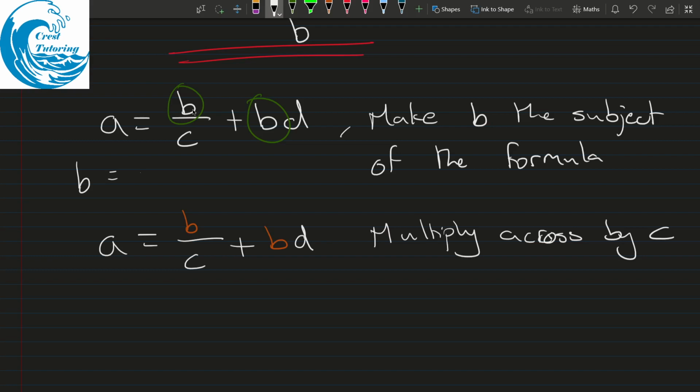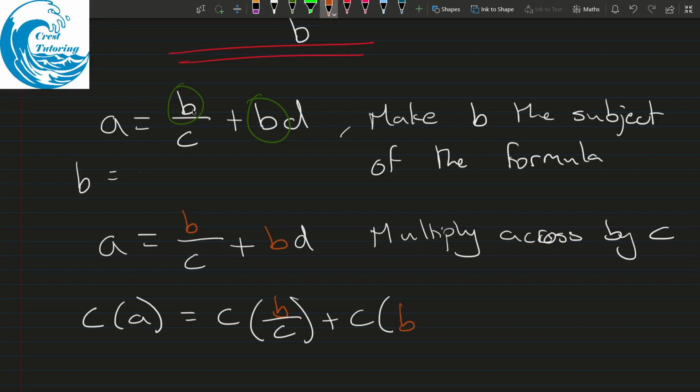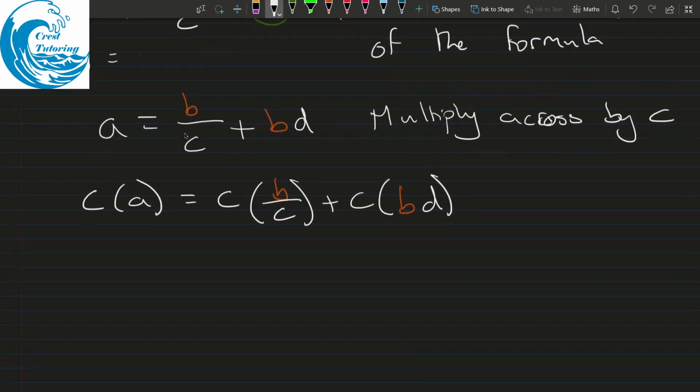So what we do for that is it's c multiplied by a equals c multiplied by b all over c plus c multiplied by b times d.